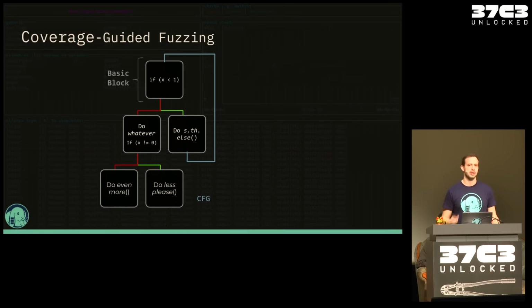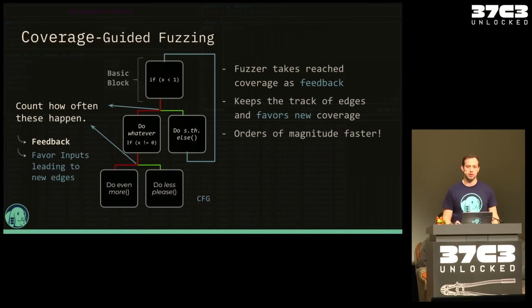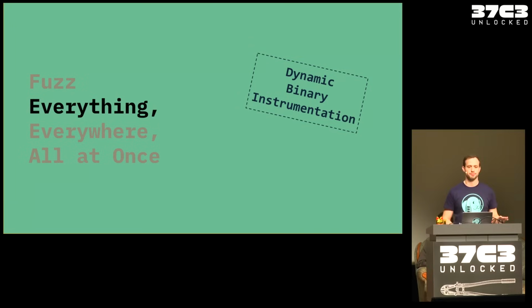Each of these things is an edge in a control flow graph. Now the fuzzer can count how often one of these has been taken, and if it finds a new one, it'll use that as feedback and favor inputs that led to new paths. So it's like novelty search: you try to find new things and then mutate those further. This makes fuzzing orders of magnitude faster than blind fuzzing with no feedback.